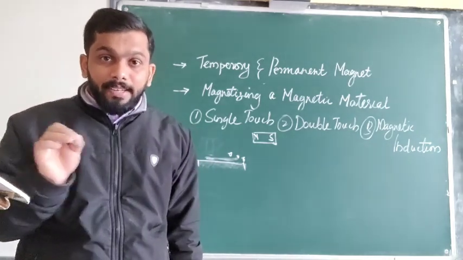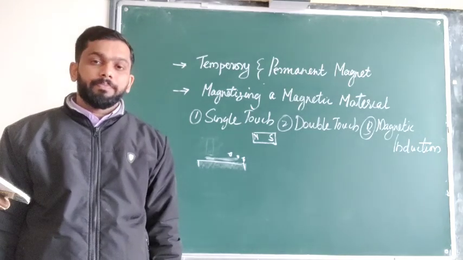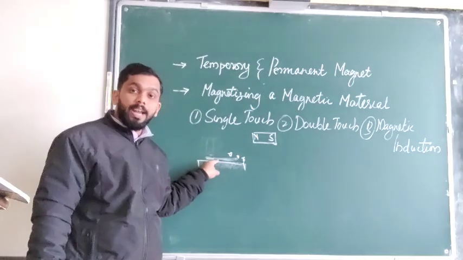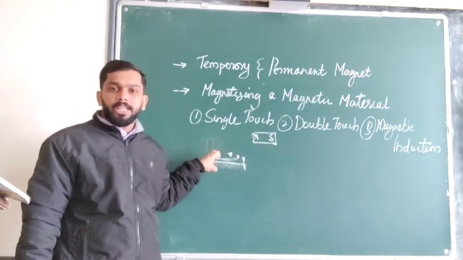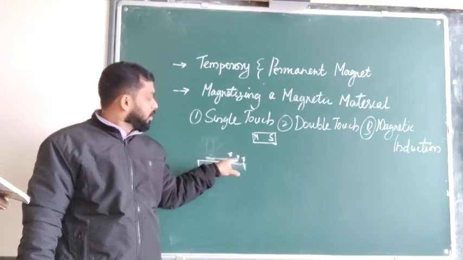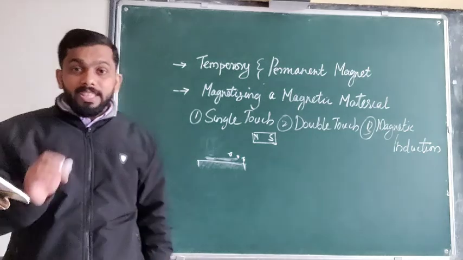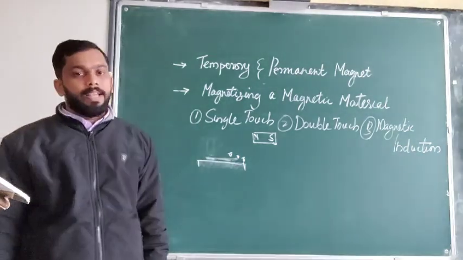It is clear that the magnetic material has been converted into a magnet. Only a magnet can attract magnetic material. So this is called the single touch method, the first method of magnetization.